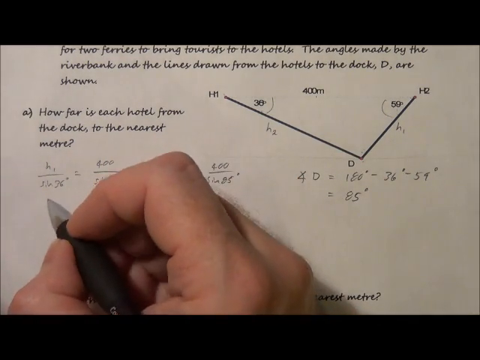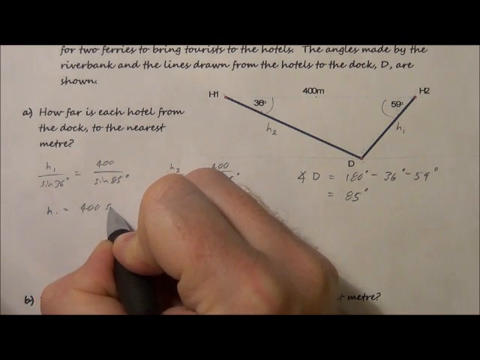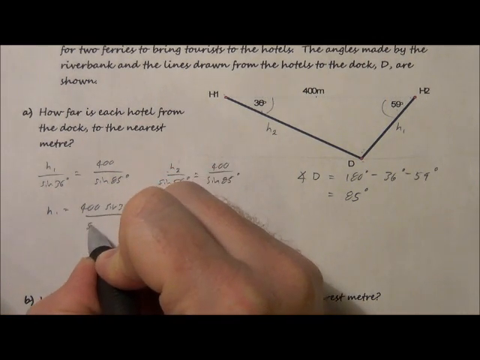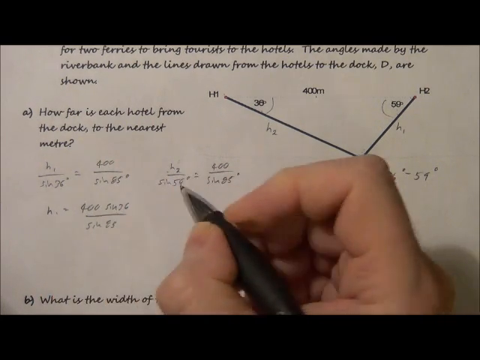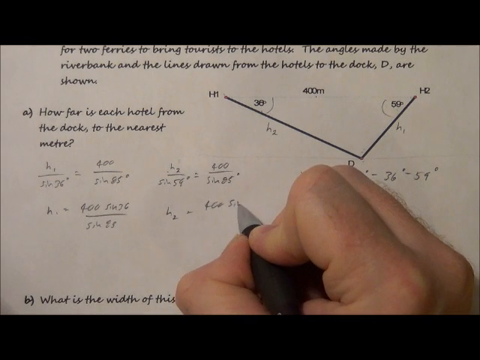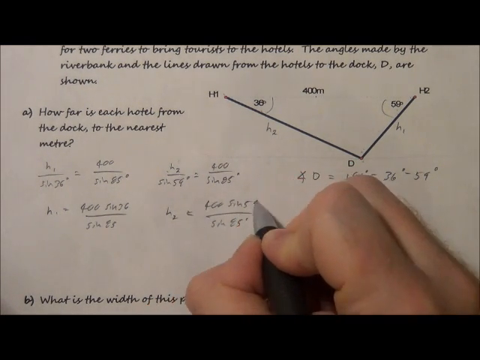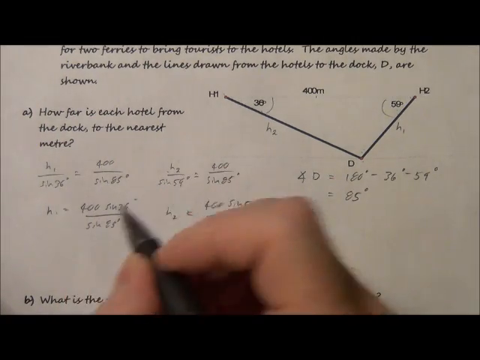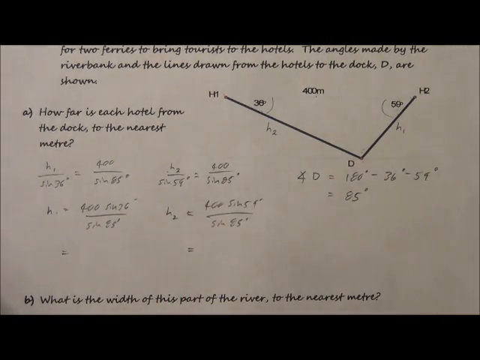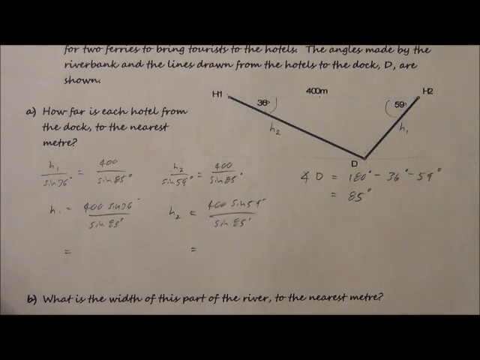Okay, and then we just do the cross multiplication. Make sure I put all the degree signs in there, and then I'll just do the calculations.